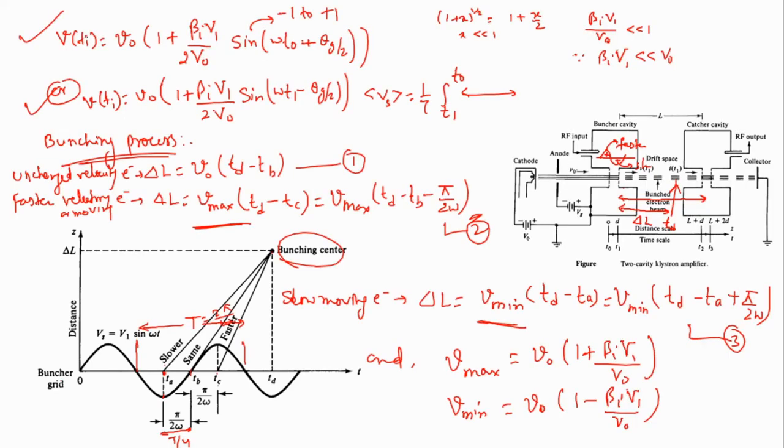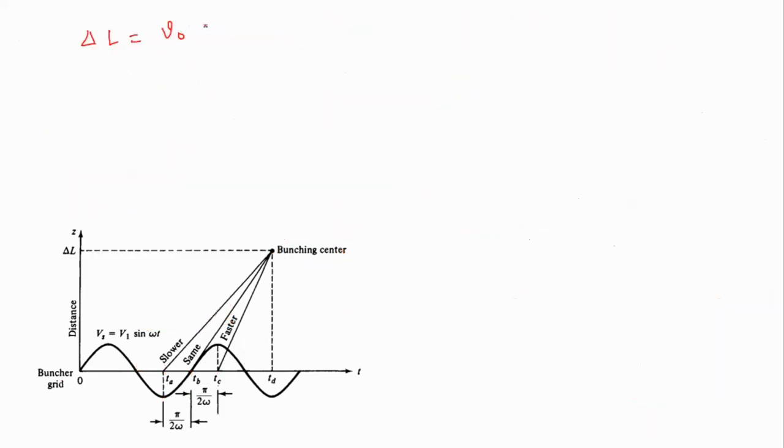So what is our Vmax? V0 into 1 plus beta I V1 divided by V0, into TD minus TB minus pi by 2 omega. So our delta L would be V0 into 1 minus beta I V1 divided by V0, into TD minus TB, and this was the minimum velocity, nothing but Vmin, in which we have already seen we have plus pi by 2 omega.